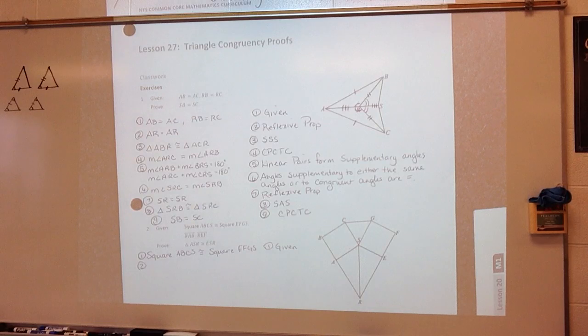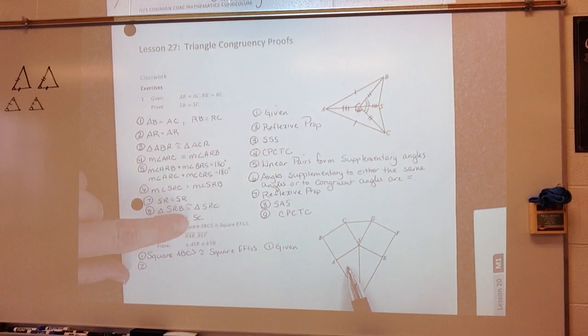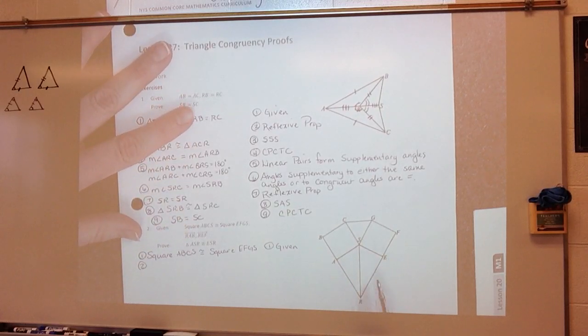So since we know that they're squares, what do I know? Well, let's go back and see what they want us to prove. They want us to prove that triangle ASR, this triangle here, is congruent to ESR. So they want us to prove these two triangles congruent.